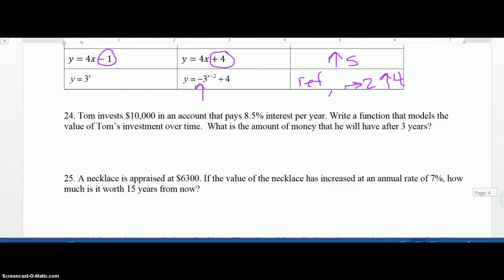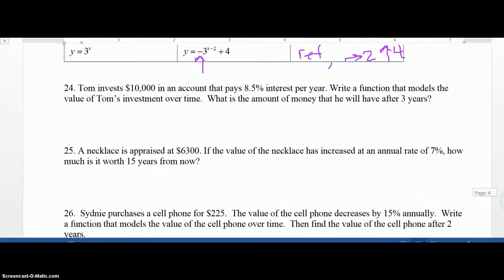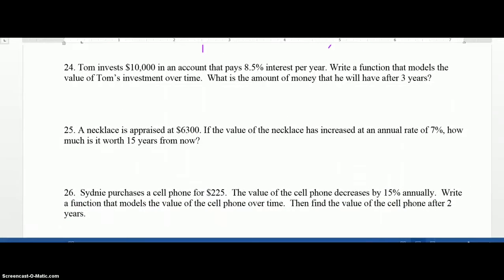All right. Tom invests $10,000 in an account that pays 8.5% interest per year. Write a function that models the value of Tom's investment over time. So you are going to use the equation y equals a times 1 plus or minus r to the power of t. A is your starting value, so y equals 10,000 times 1.